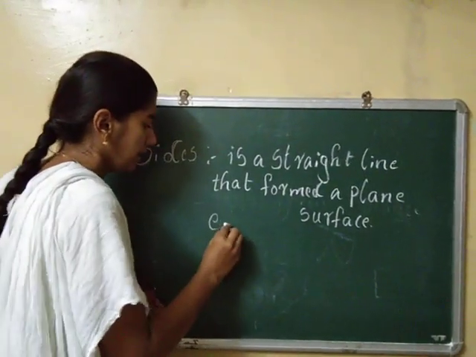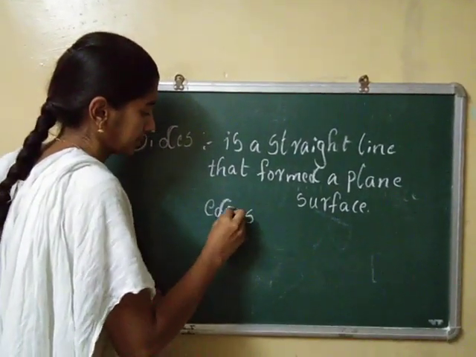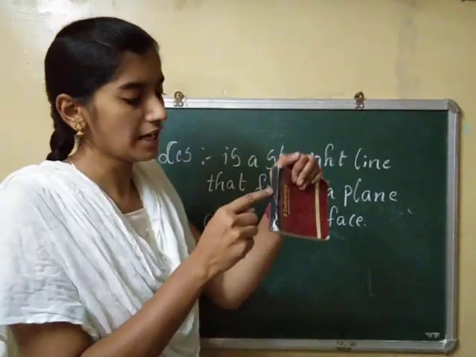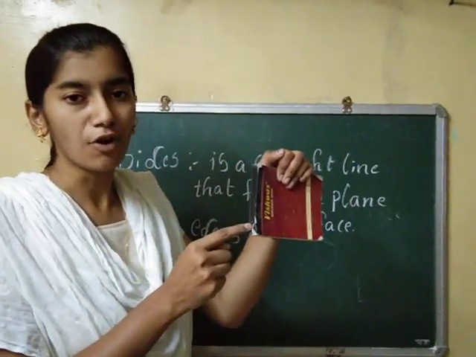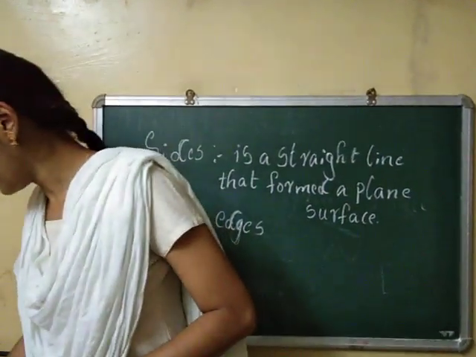And also one more name is there. We will call it an edge. E-D-G-E-S, edges. The straight line which has been formed on the plane surface is known as sides. So I will be showing different examples.